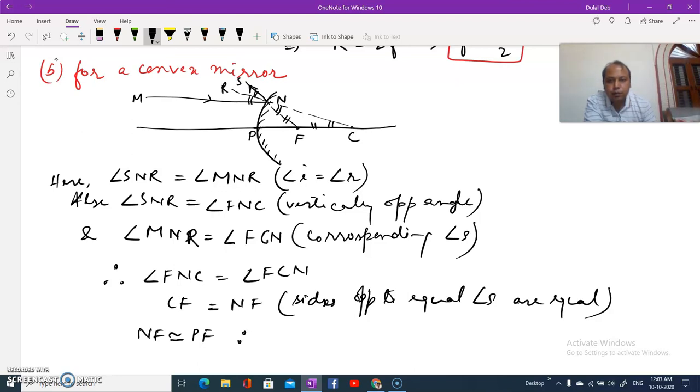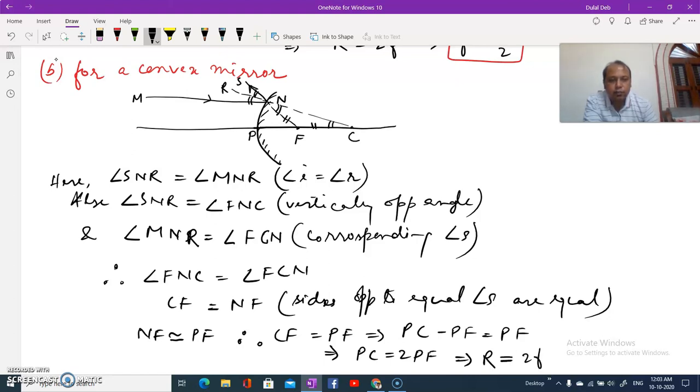So if NF is equal to PF, we can write CF is equal to PF, and the value of CF is PC minus PF is equal to PF, and finally we can write PC is equal to 2PF, which means PC, the radius of curvature, is equal to twice the focal length.